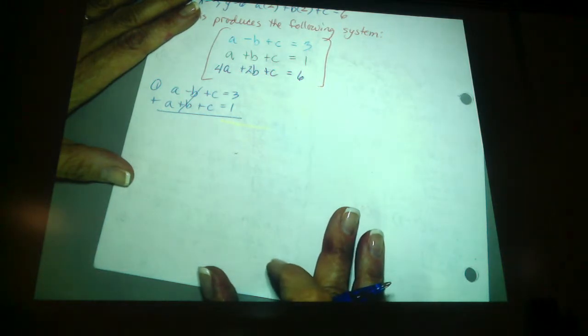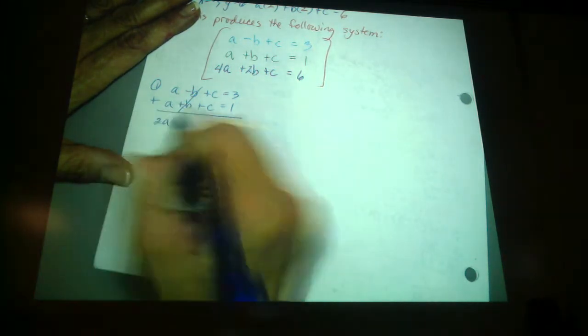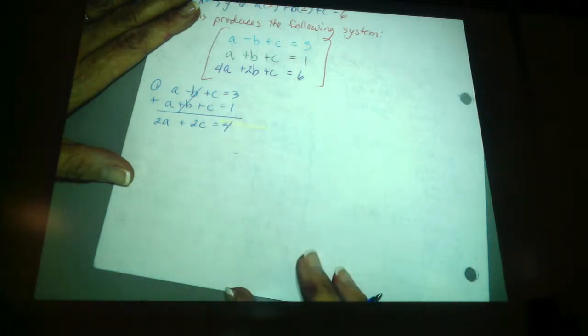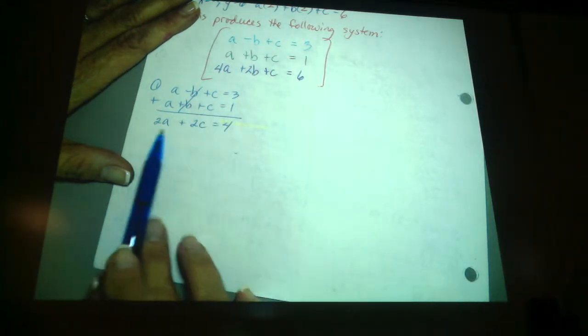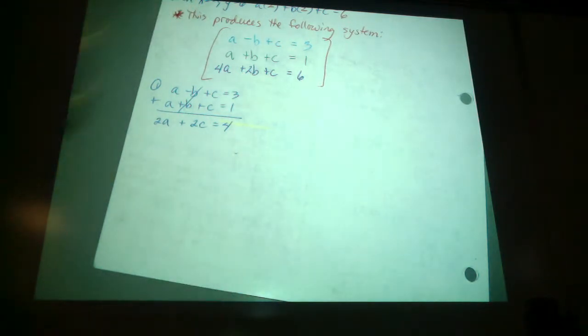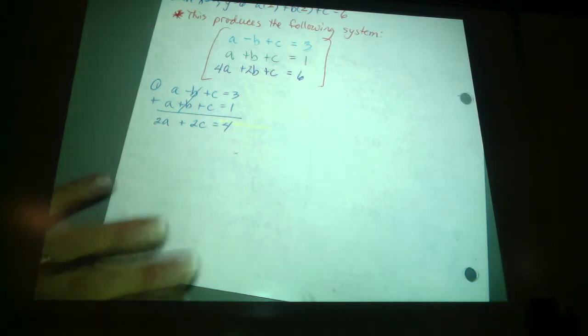When I add those together and do nothing to them, the b's do drop out. I get 2a's plus 2c's equals 4. Now we could simplify this equation because every term has a GCF of 2. You could go and divide it out if you wanted to. Let's wait and see what the other equation is that we have.